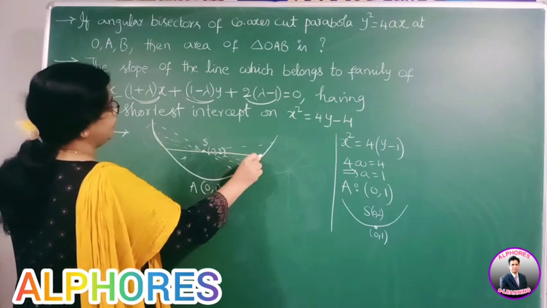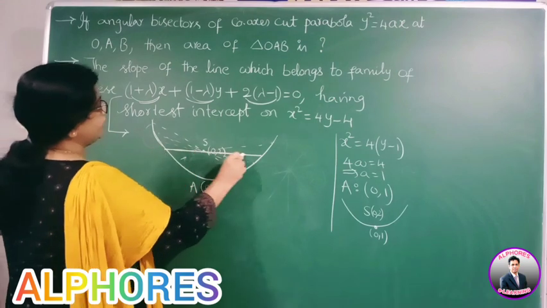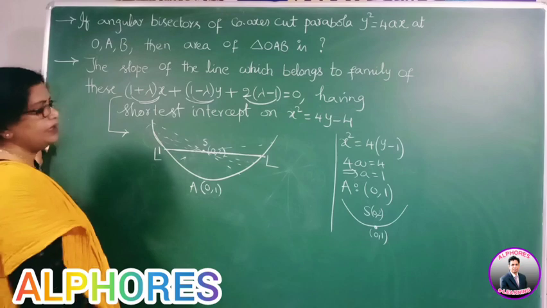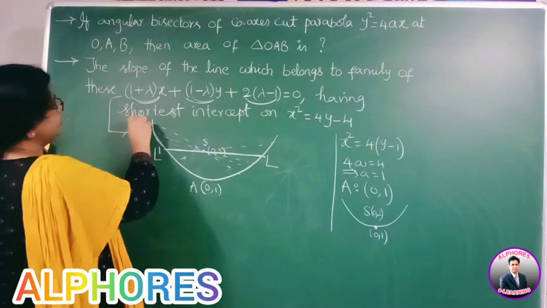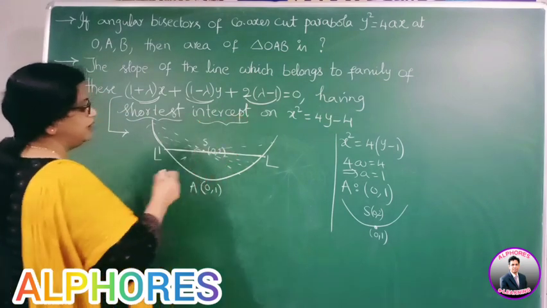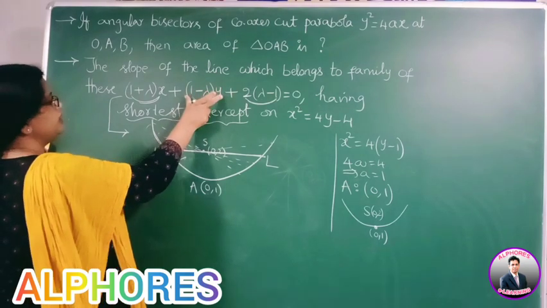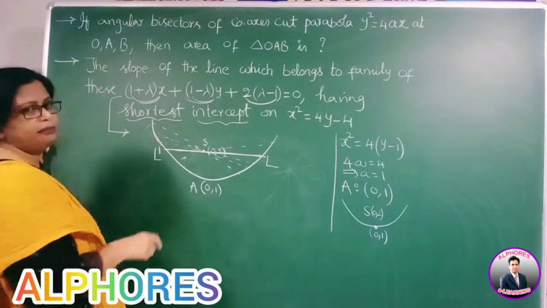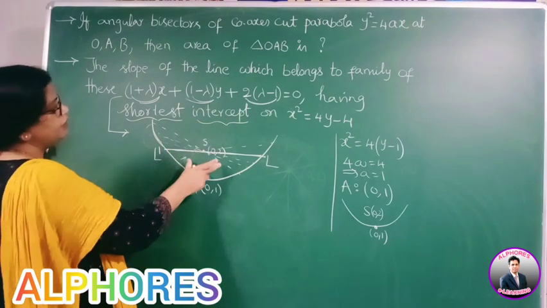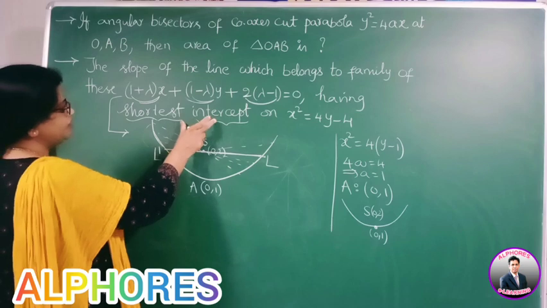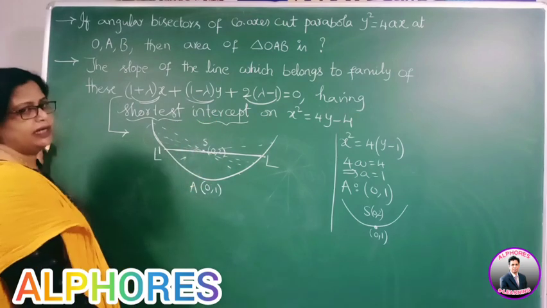Among them one line is exactly the latus rectum, and the shortest intercept is nothing but the latus rectum. So from this family, students, all the lines are nothing but focal chords. And among all focal chords, the least one, we know, is nothing but the latus rectum.